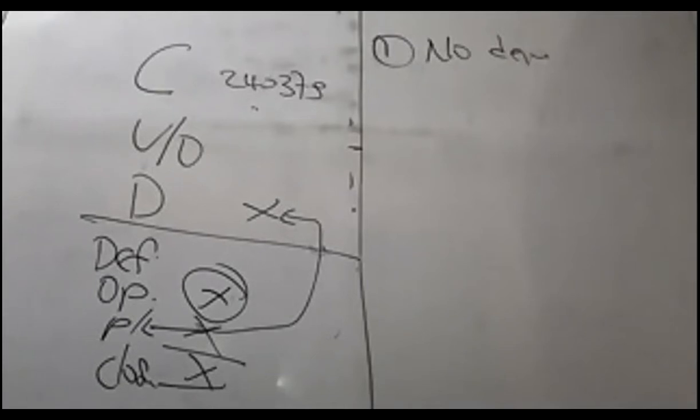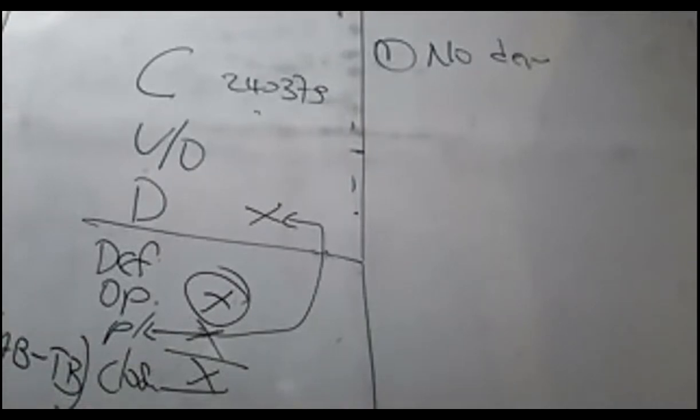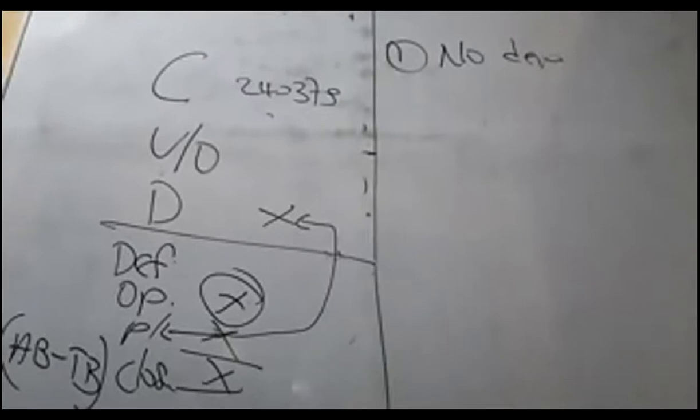So basically, the closing balance is nothing but accounting base minus tax base, times the tax rate. Perfect. Good.